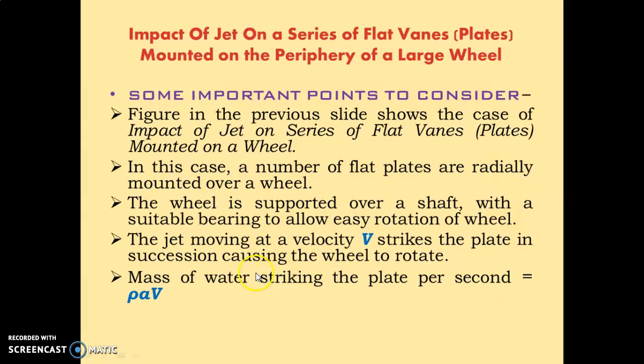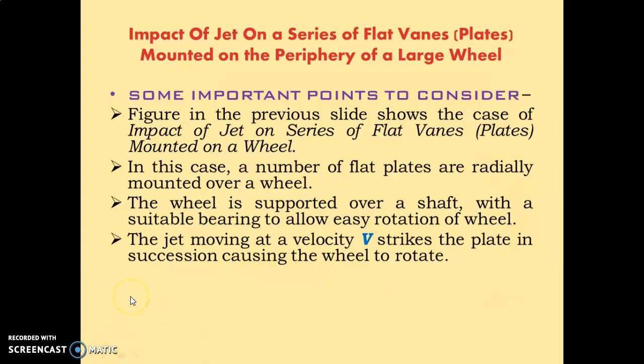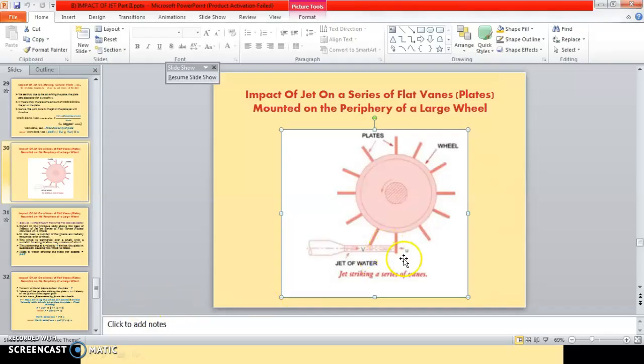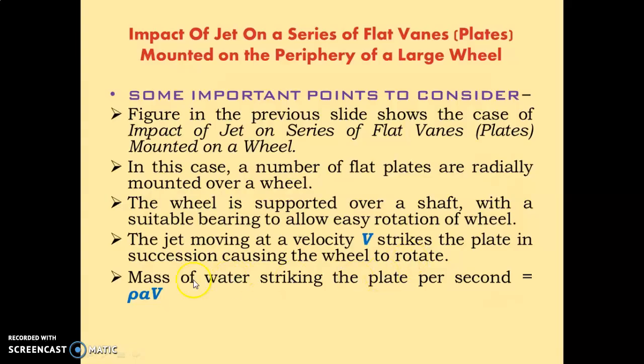Now the mass of water striking the plate per second is equal to rho a v. If you see here, the velocity of the jet is v and the velocity of the plate is u. But here the mass of water striking the plate per second is rho into a into v.